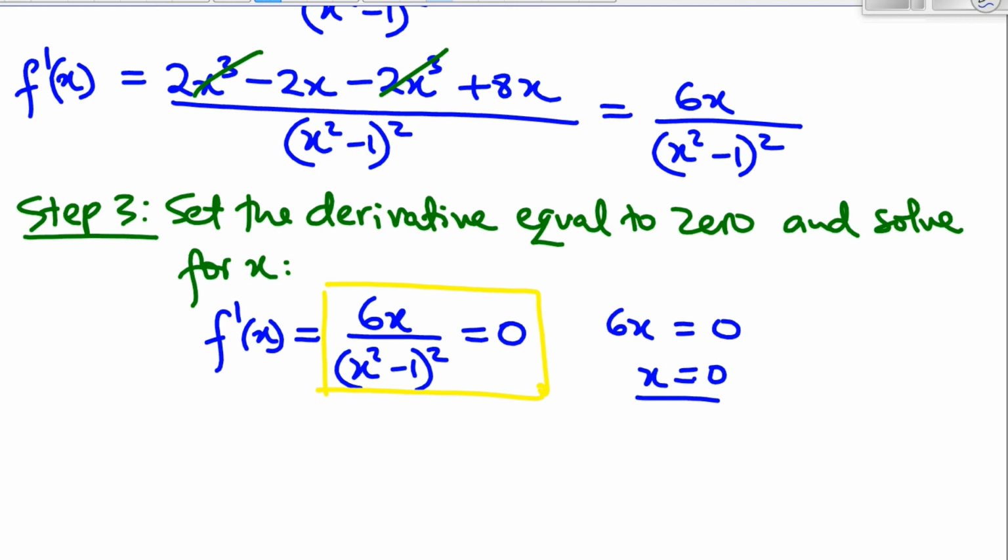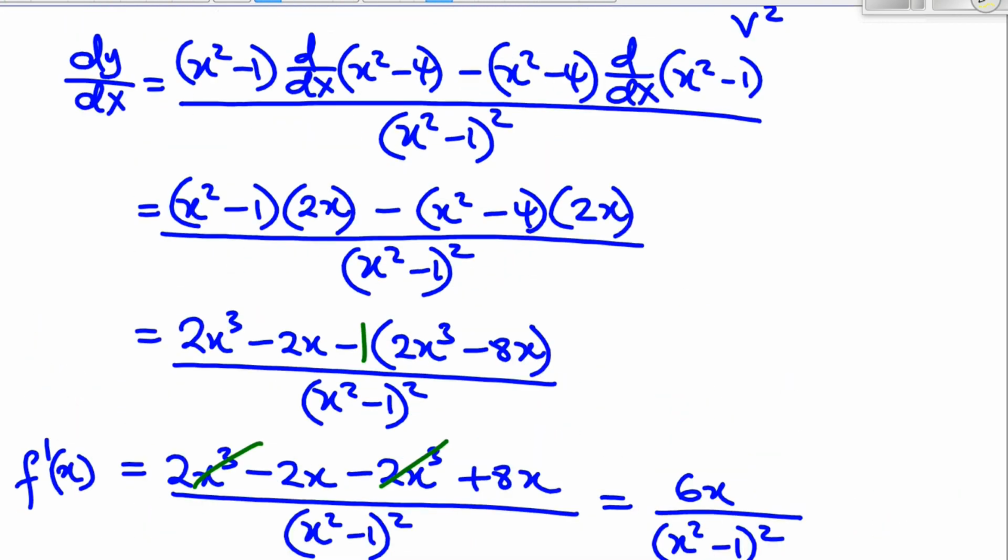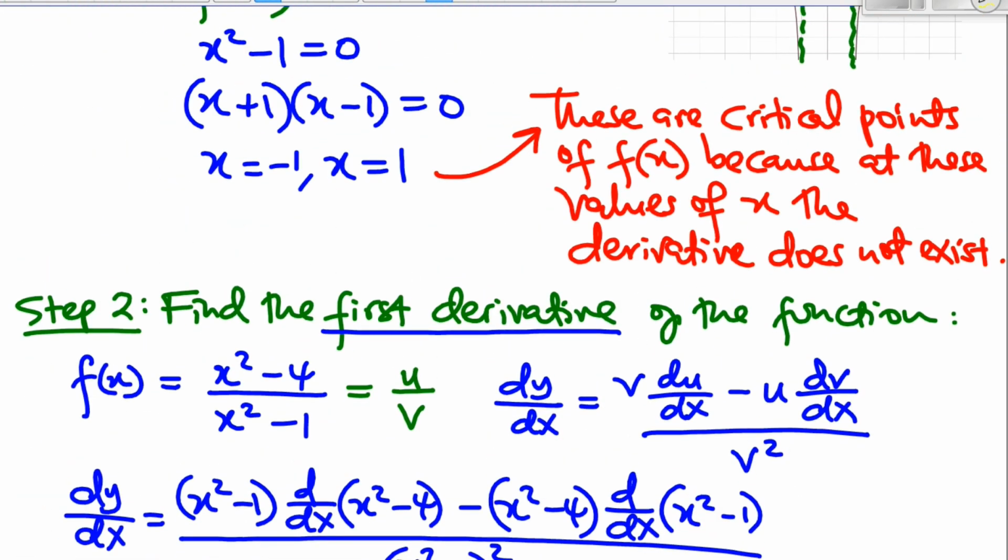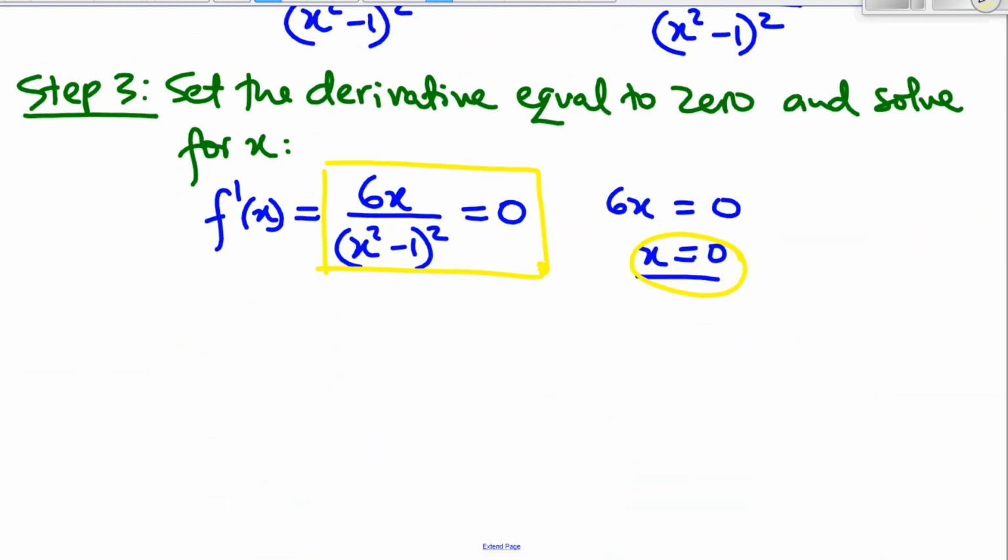Okay, so we have this critical point here. So we have this point, which is a critical point, and we have two others that we calculated. We have this one and this one. So we can put these solutions together and say that the critical points are x equals to 1, x equals to negative 1, and x equals to 0.